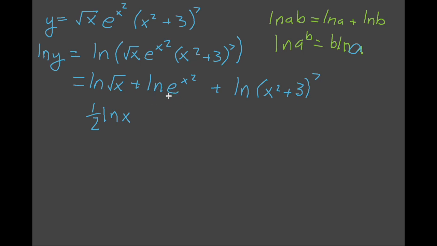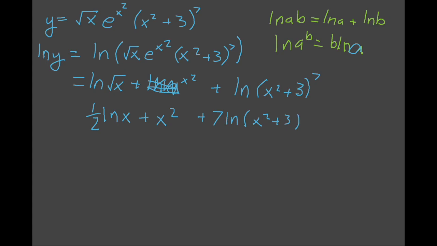So if you take the e of a natural log, you'll end up with just the insides of the natural log. And if you take the natural log of an e, you'll just end up with the exponent on the e. So this actually completely disappears, and you're left with x squared. Alright, and then right here, we have our exponent right there, so we can pull out that 7 and make it a 7 natural log of x squared plus 3.